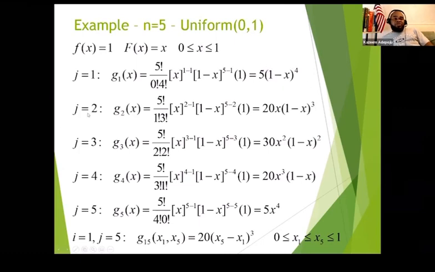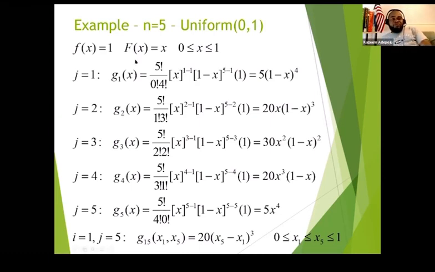For j equal to 2, this is what you're going to get. For j equal to 3, that's what you're going to get. For j equal to 4, that's what you're going to get. For j equal to 5, that's exactly what you're going to get. So for n equal to 5, you get j equal to 1, j equal to 2, j equal to 3, j equal to 4, and j equal to 5.